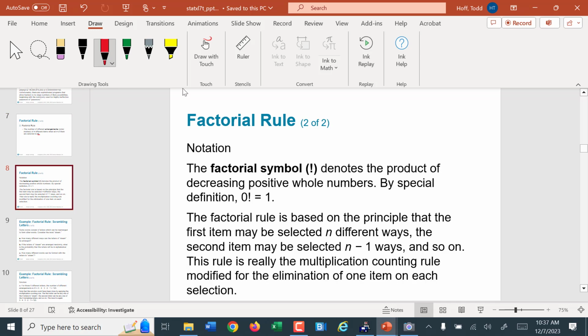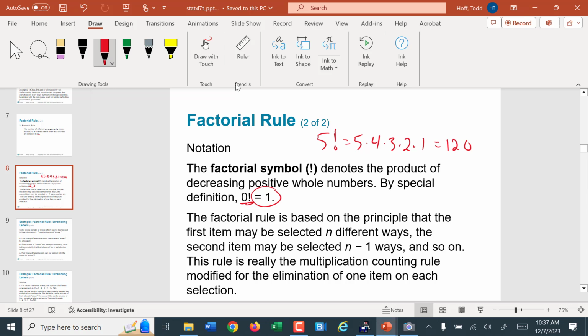So 5 factorial would be 5 times 4 times 3 times 2 times 1, which multiplies up to be 120. Special definition, 0 factorial is defined to be 1. It comes up enough that it works.